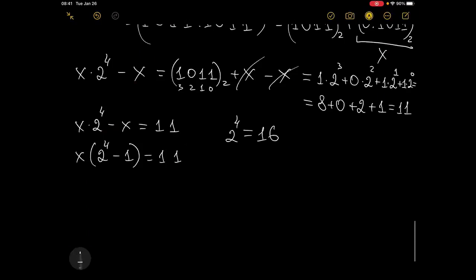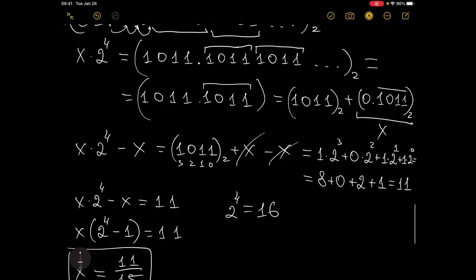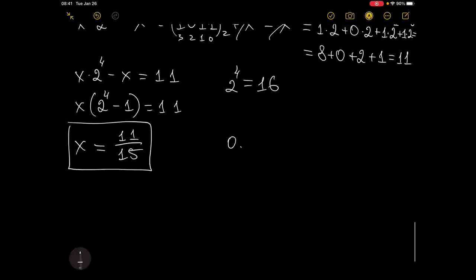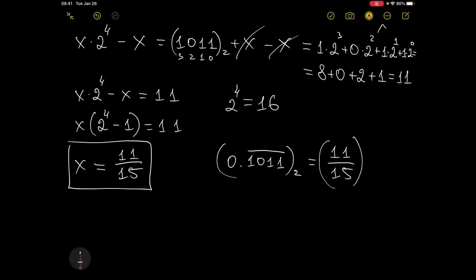So I'm getting that x is nothing else but 11/15. So as a result, I know that 0.1011 repeating in the binary representation is 11/15 in the decimal representation. Is it clear or not? Any questions here?